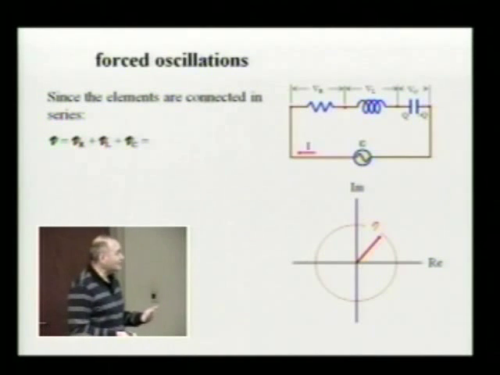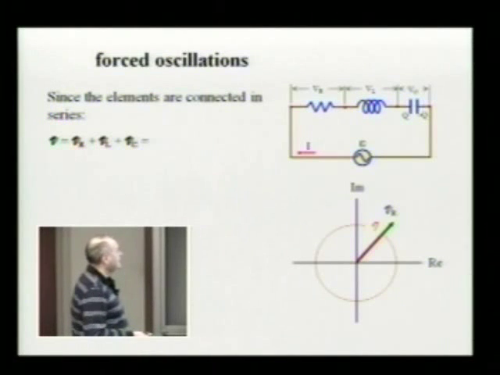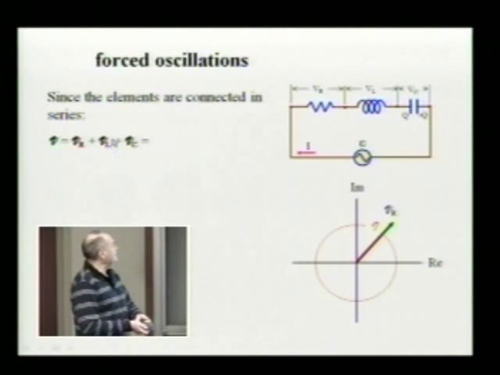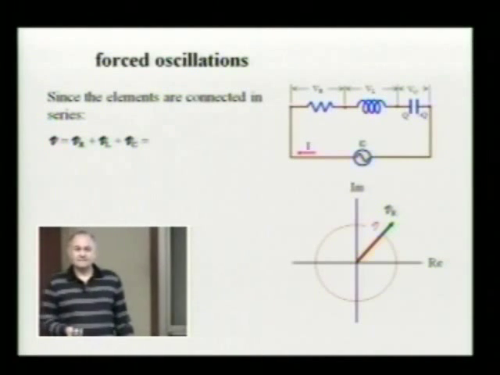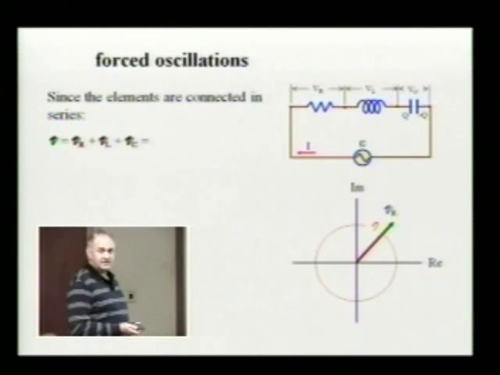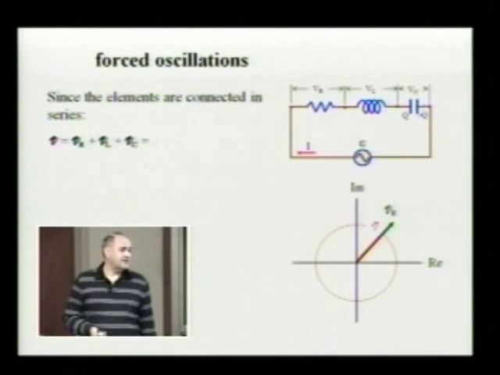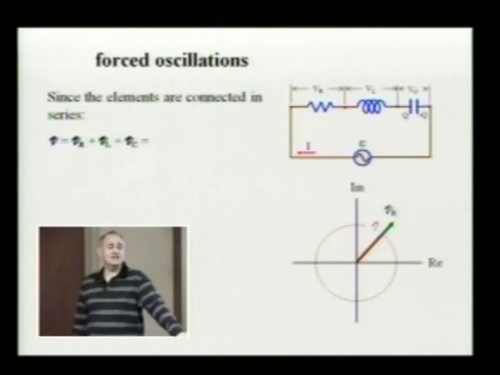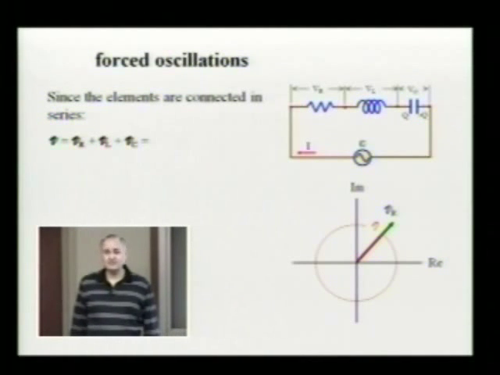So let's start with the assumption that the impedance of the inductor is 1 ohm, which means that the phasor corresponding to voltage across the inductor should be the same as I, correct. Now, if the impedance of the inductor were 10 kilo ohms, how long should the phasor representing the voltage be? 10,000 times longer. We can change the scale and make it 10 times longer, for example.